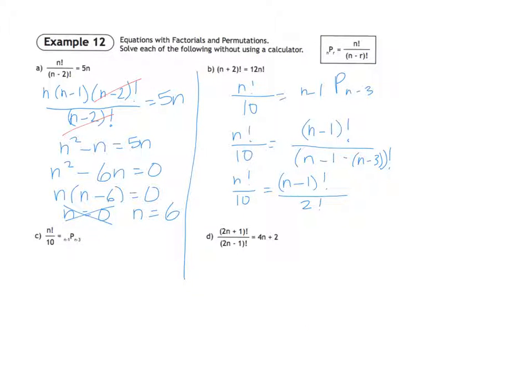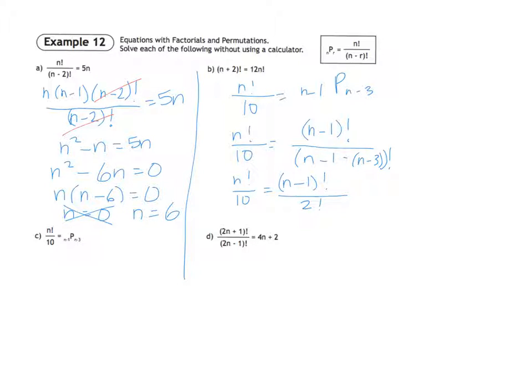So the only thing I did in this step was simplify this (n minus 1) minus (n minus 3). The n's are gone because it's n minus n, and then it's negative 1 plus 3, because those two negatives together make a positive, which is 2, and then it's factorial, but 2 factorial is actually just equal to 2. So I don't even really need the factorial part there.